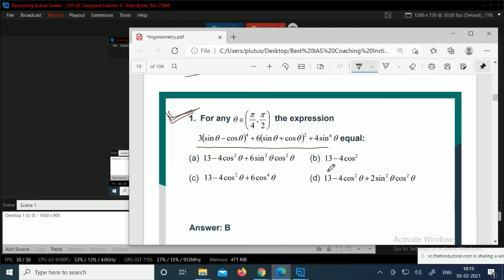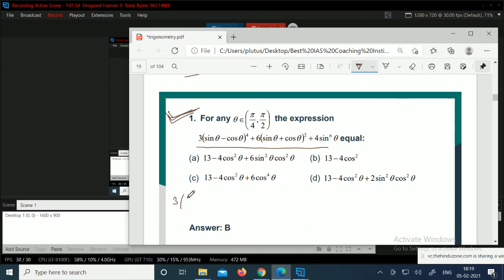How are you going to solve this kind of question? Just simplify the whole equation. So let's try to simplify the 3. What is the value of this?